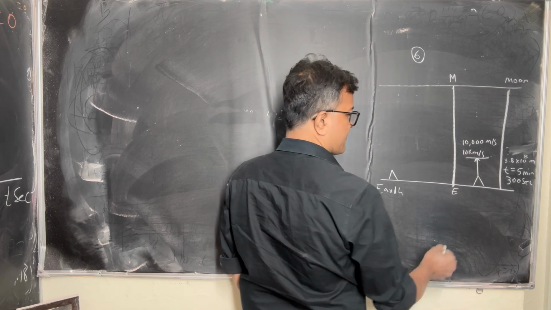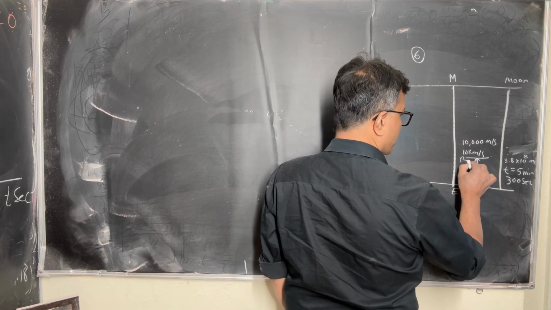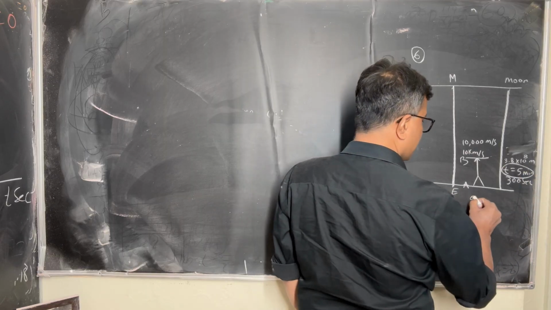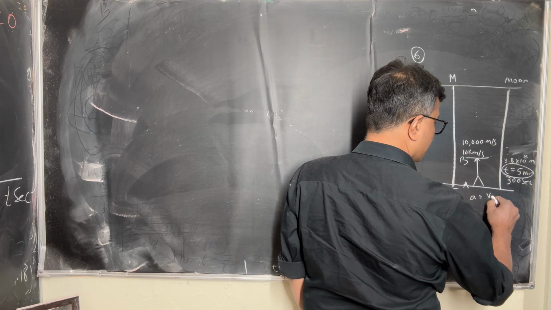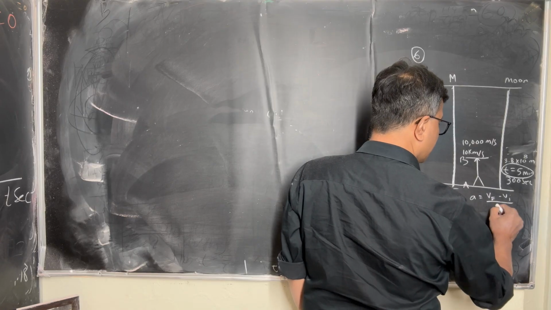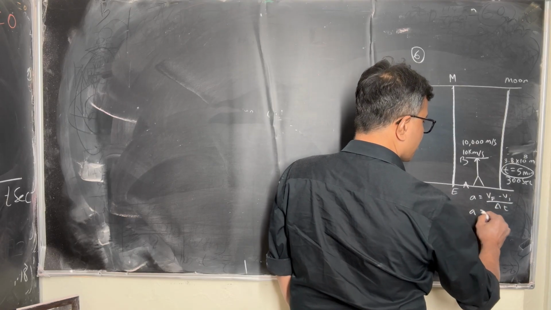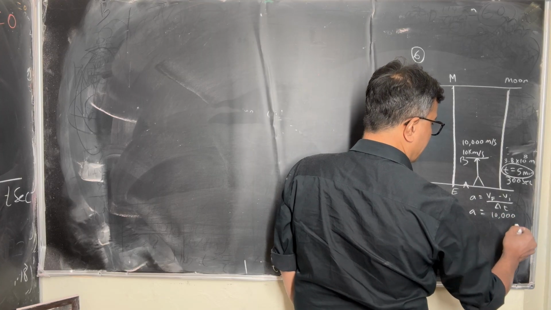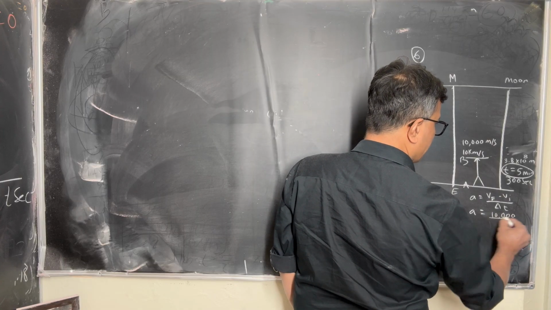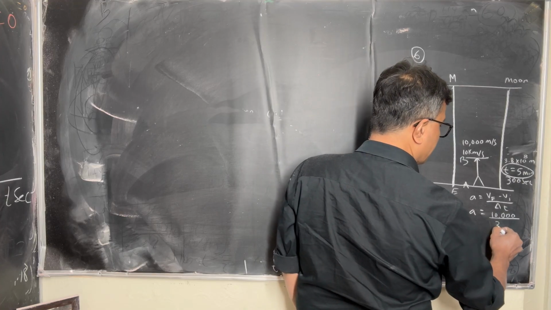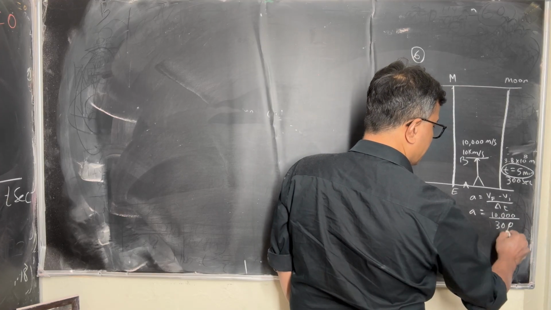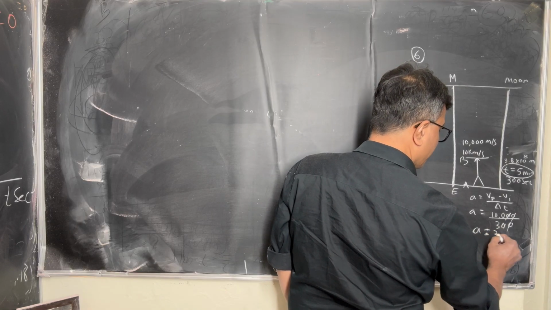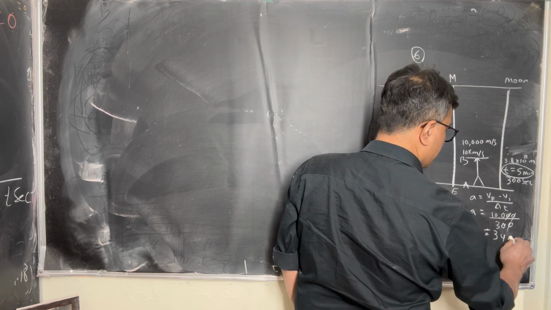So what is the acceleration from location A to B for the first 5 minutes? Acceleration is Vf minus Vi over delta t. So acceleration is Vf, 10,000 meters per second, over 300 seconds. So 33, let's say 34, a nice number, meters per second squared.